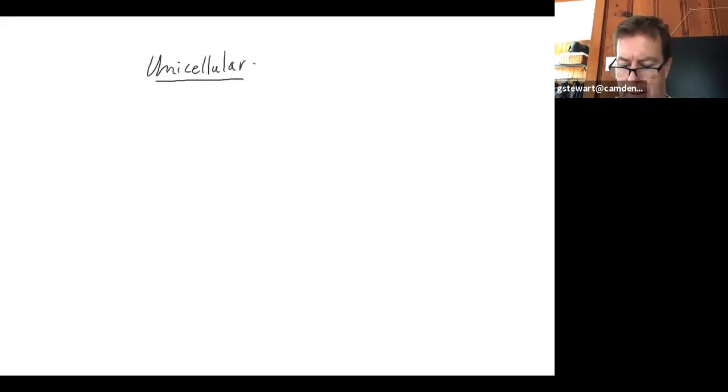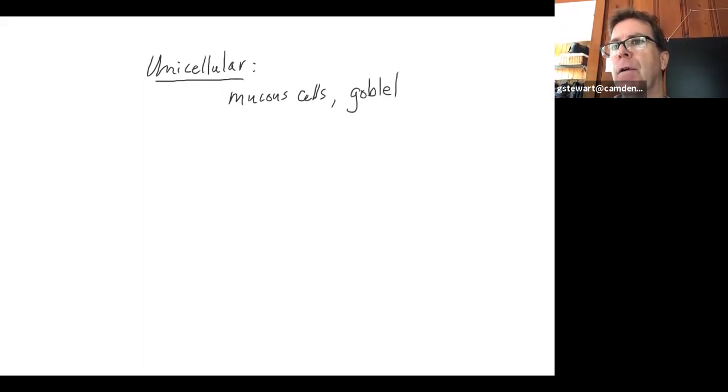So unicellular glands would be things like mucus cells that we find in our respiratory tract, for example, goblet cells that we find in our GI tract, our digestive system. These are individual cells that secrete something, that secrete mucus.